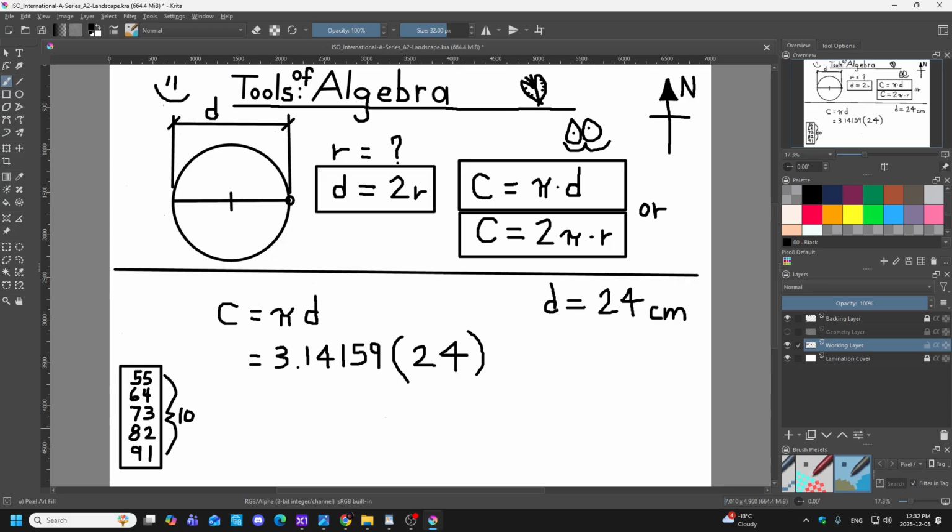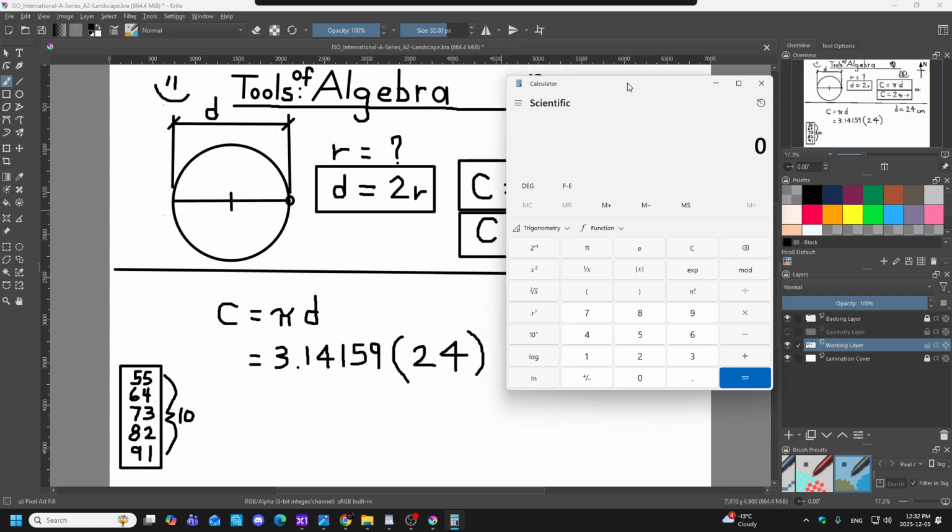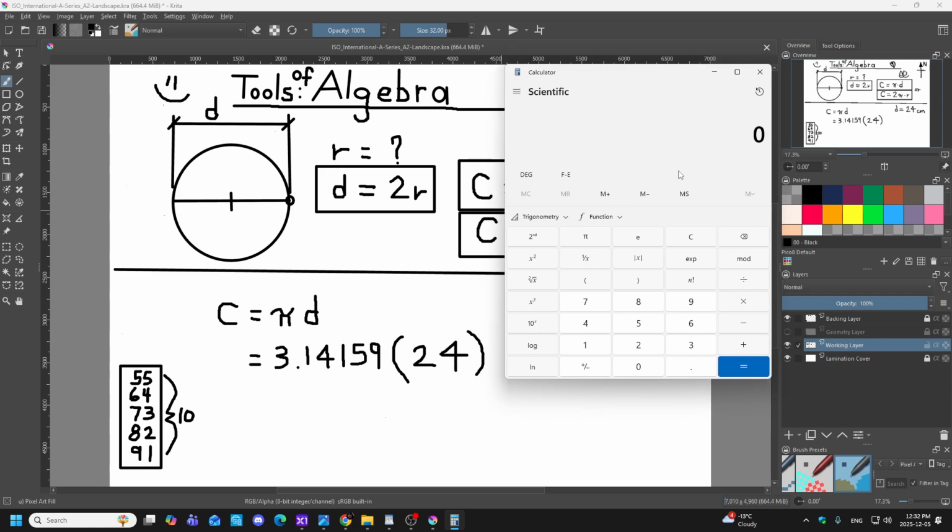Now, I realize that I can make silly mistakes with my calculator here, so I have to pay attention to that. Just got to be aware. I just got to make sure that I pay attention to what I'm doing here.